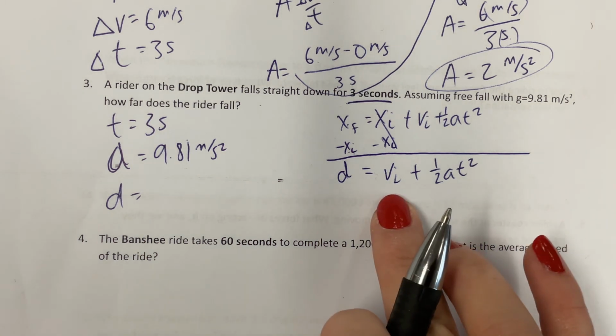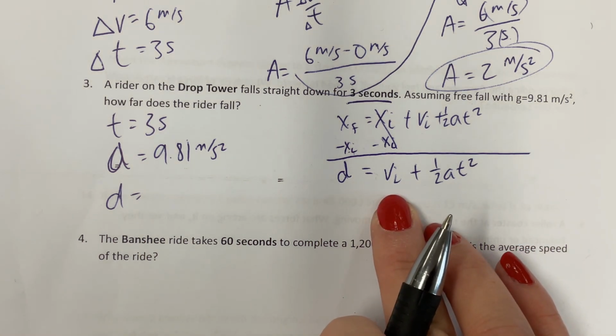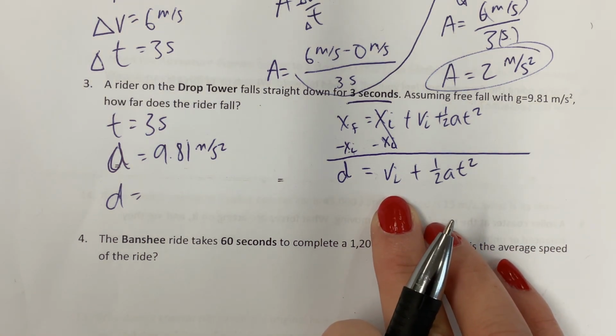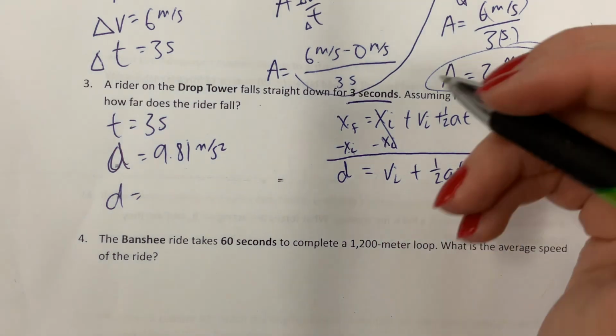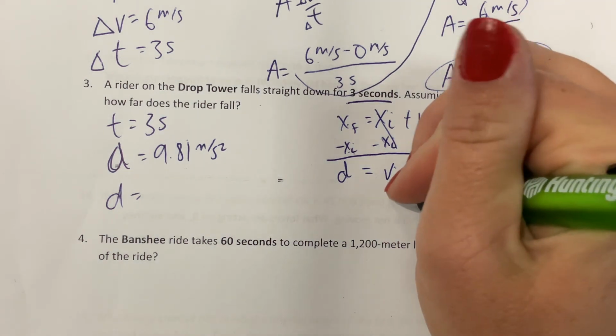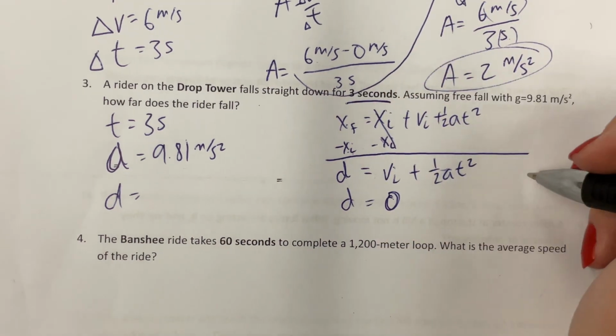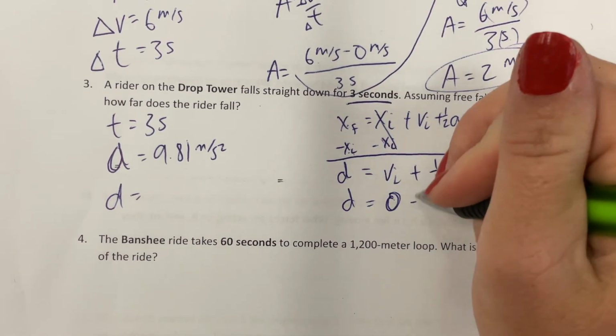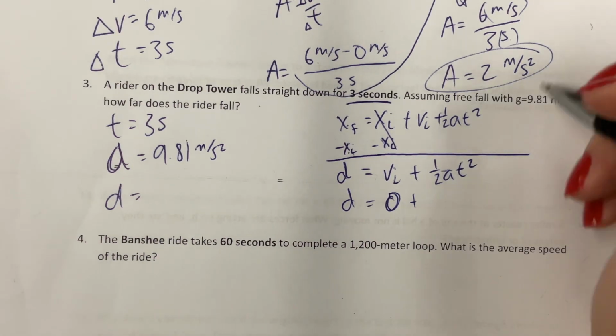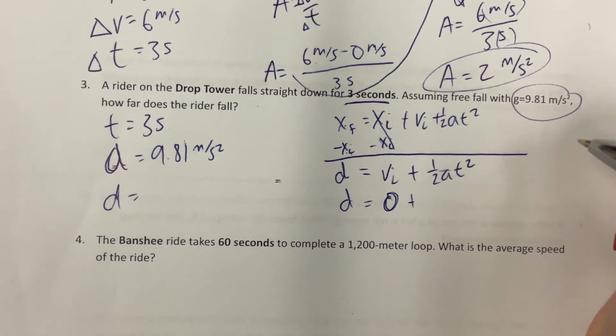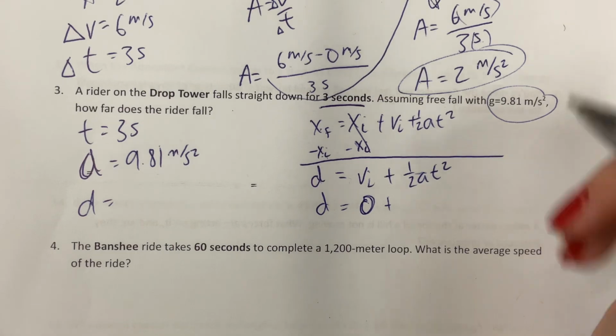So I said the initial velocity, if you're dropping something, is gonna be 0 because you're starting from holding it and then you drop it and it speeds up. So our initial velocity is gonna be 0. Our distance is what we're trying to find. And our acceleration is going to be the acceleration due to gravity, which is 9.8 meters per second squared.